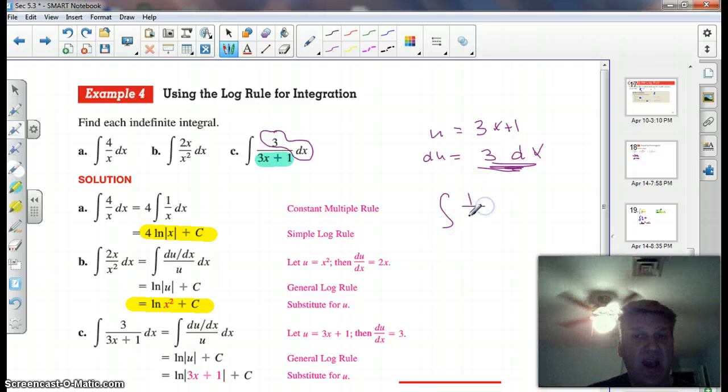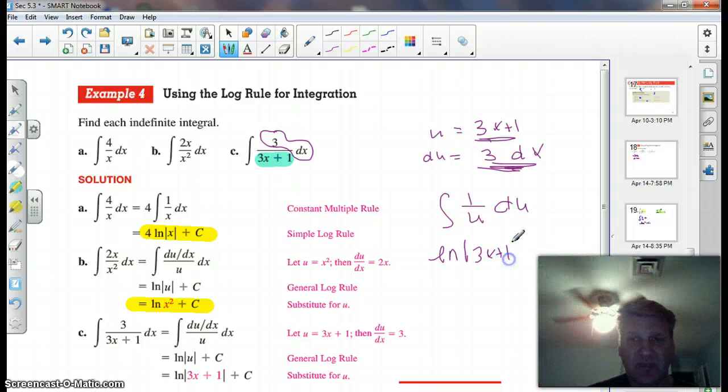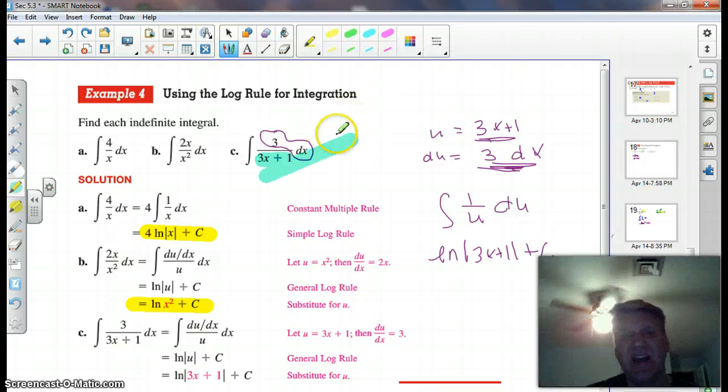So I would rewrite it 1 over u, and then all of this is my du. The integral of 1 over u is just the ln of u, and I'm going to replace u with the value, 3x plus 1, and say plus c. We get the same answer. It's just, yeah, I work it maybe just a little bit differently.